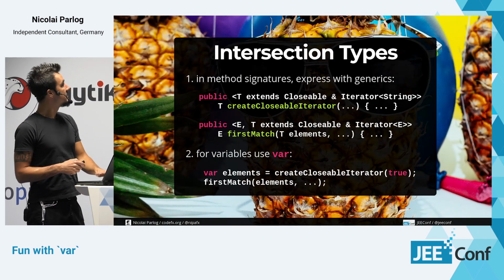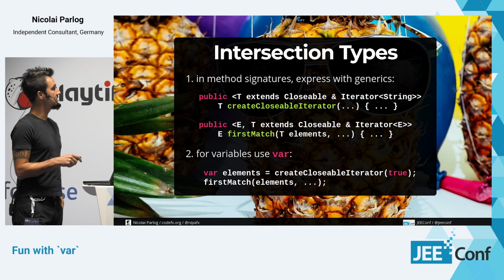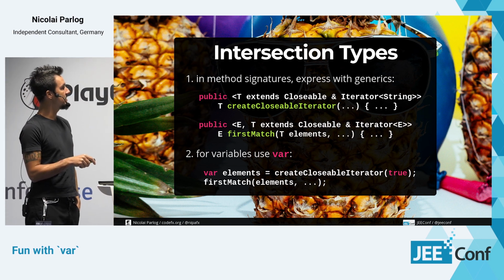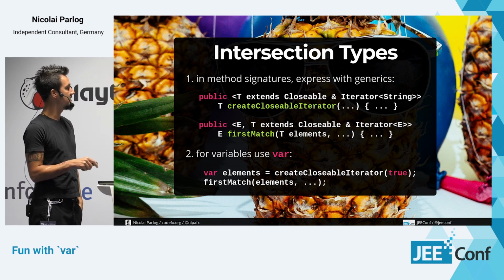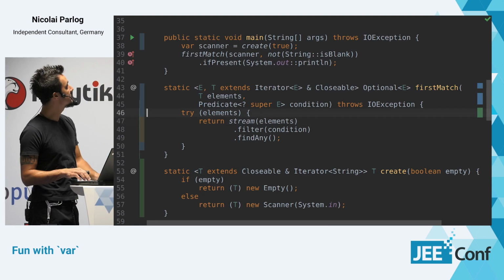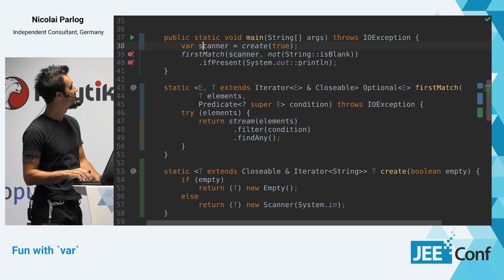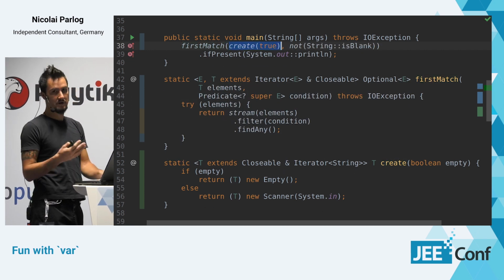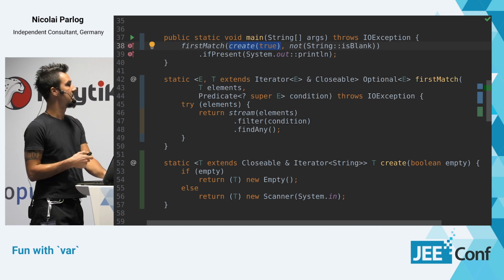So we've seen this. The idea here is if you want to use intersection types, you use generics to express this intersection, for example here for create closable iterator, or here to pass it as a parameter. If you just inline this, then you never have to use var anywhere, but you most likely want to.